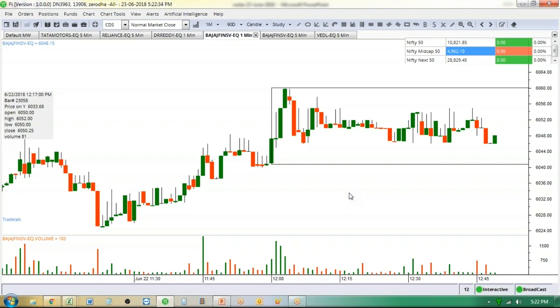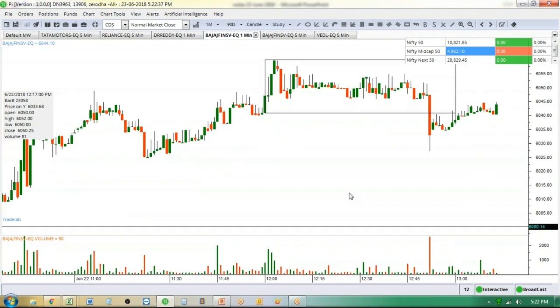Now, you remember when we do Nifty and all, I always say that if the range compresses, then it goes for a breakout either side. Either it will go up or it will go down. There would be some sort of a compression before the big move happens.